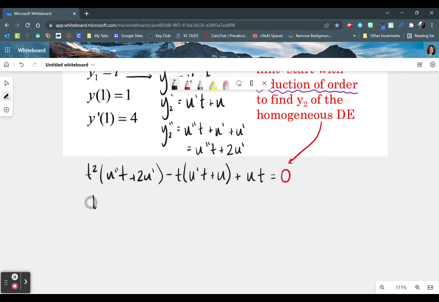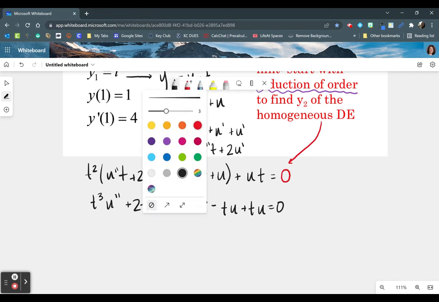So for this, if I multiply everything out, I see I get a little simplifying here.